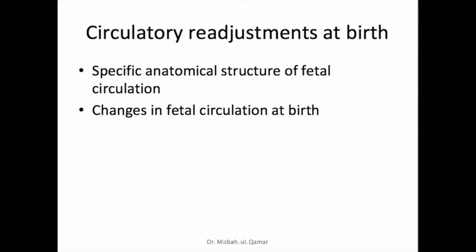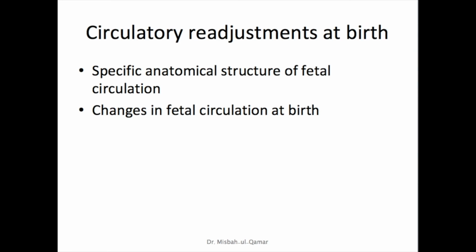So when blood starts flowing through the pulmonary circulation, the oxygenated blood from the lungs returns to the left atrium, and it causes an increase in the left atrial pressure, and simultaneously due to the stoppage of blood from the placenta, the pressure in the inferior vena cava is decreased.